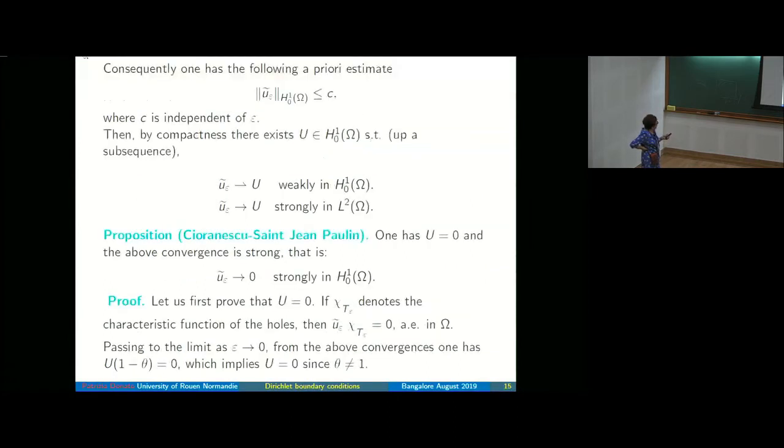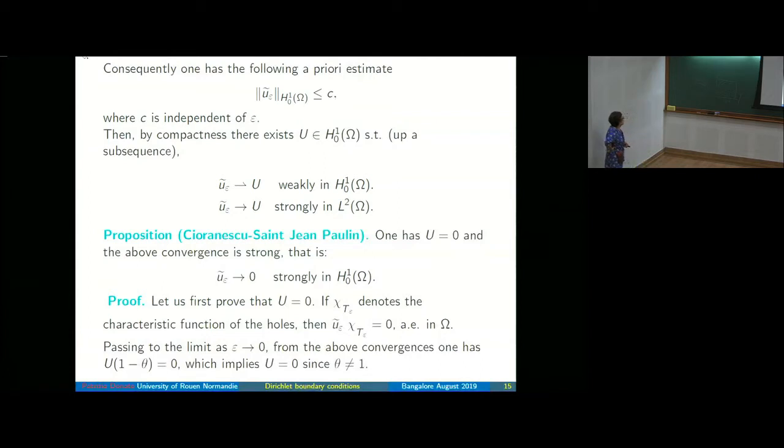Okay, consequently, the norm of u tilde epsilon in H10 of omega is bounded with a constant which is independent of u epsilon.